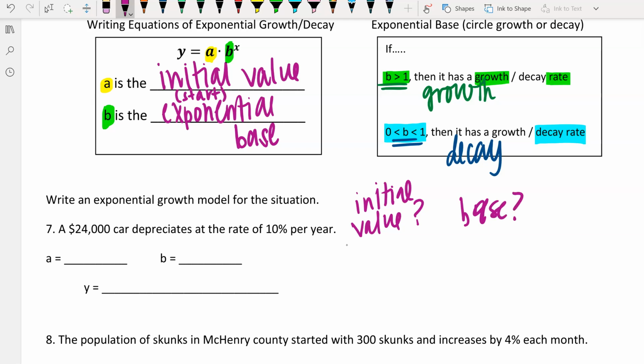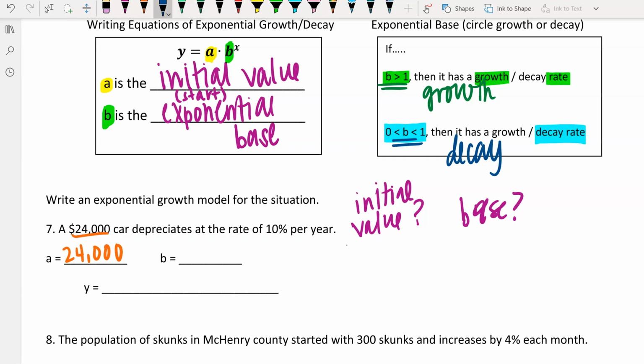Base. What is it changing by each year? So we're going to use what we just talked about from the previous section to find B. The first thing we need to do is find A. The initial value of the car, you purchased it and it was worth $24,000. A $24,000 car depreciates at a rate of 10%.